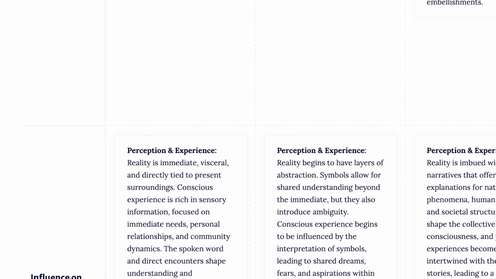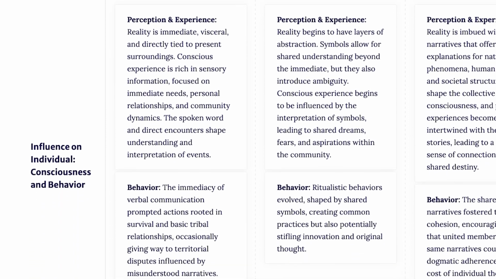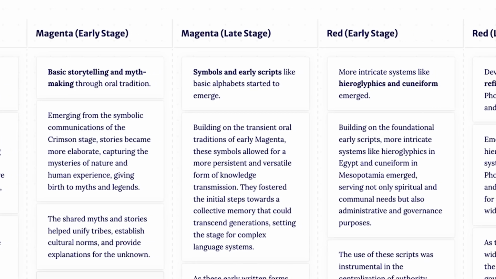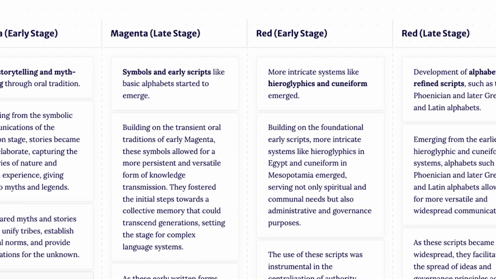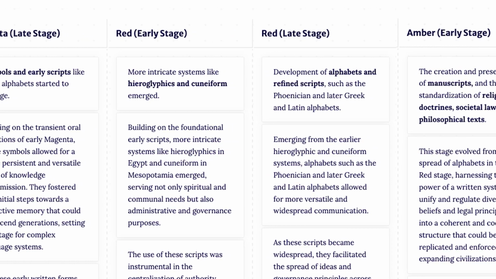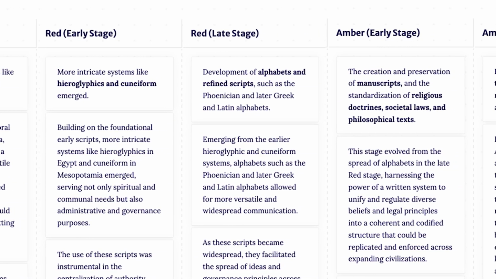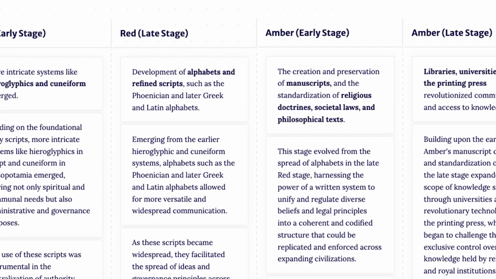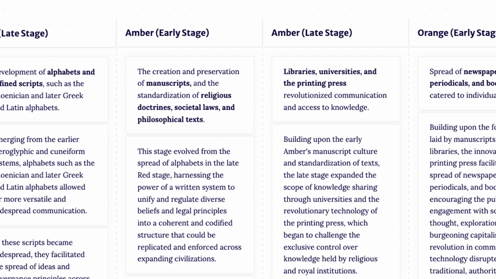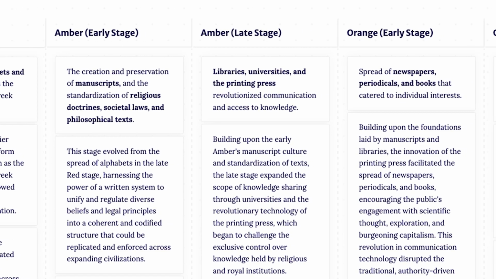So the first thing I noticed, Ken, and this was fascinating to me, is that if I separate these stages into what I call early stage and late stage, we see something absolutely fascinating. What I found is that the communications technologies, paradigms, and bases that emerge in the early periods of each of these stages are typically translative, right?